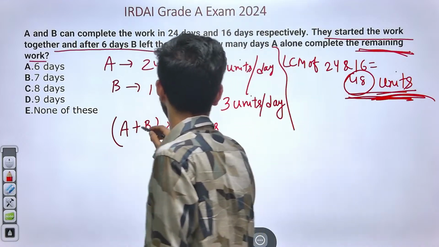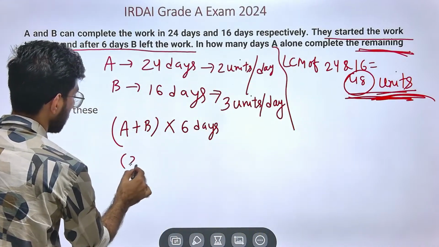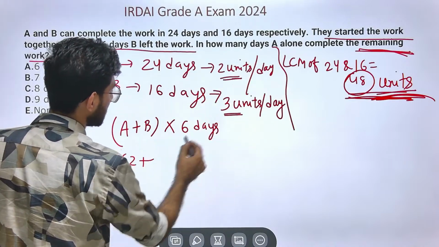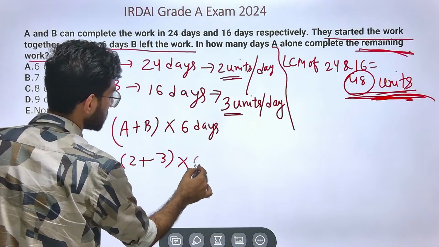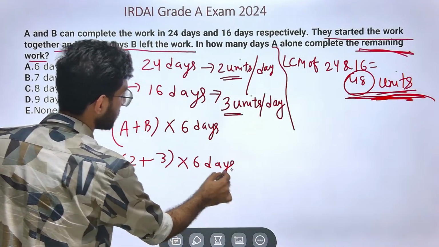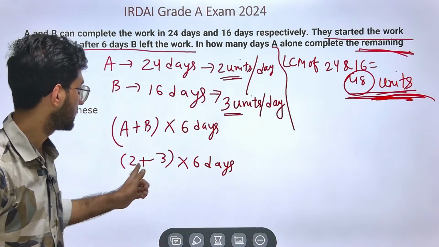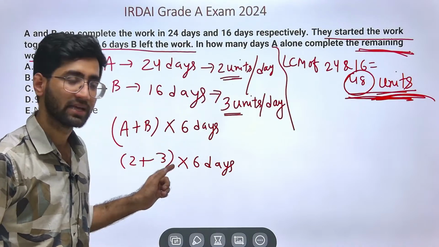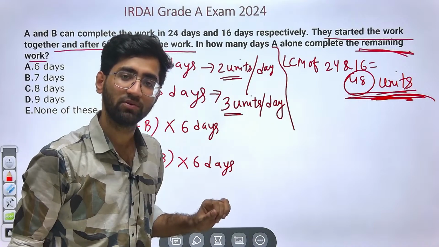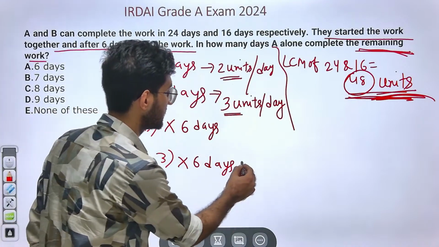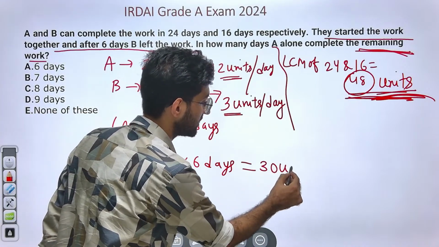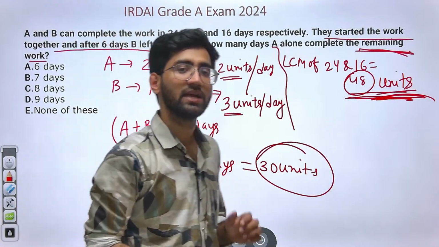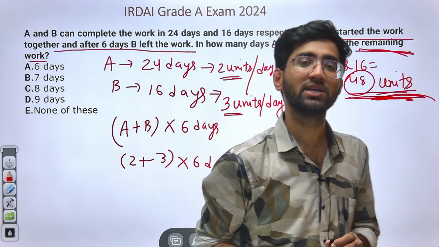In one day, if they work together, they will do 2 plus 3 units work, means in one day, they will do 5 units work. So in 6 days, they will do 30 units work.